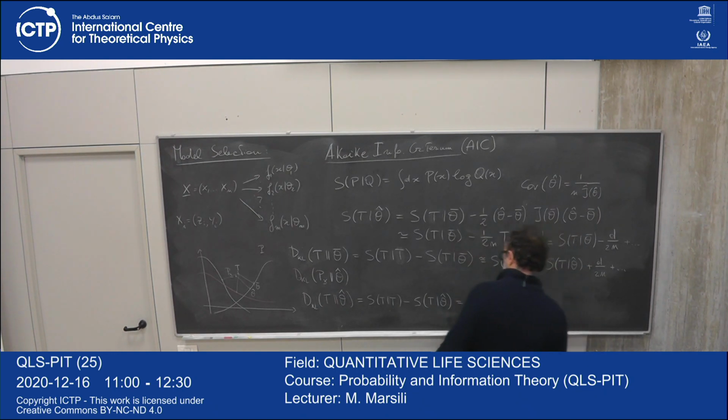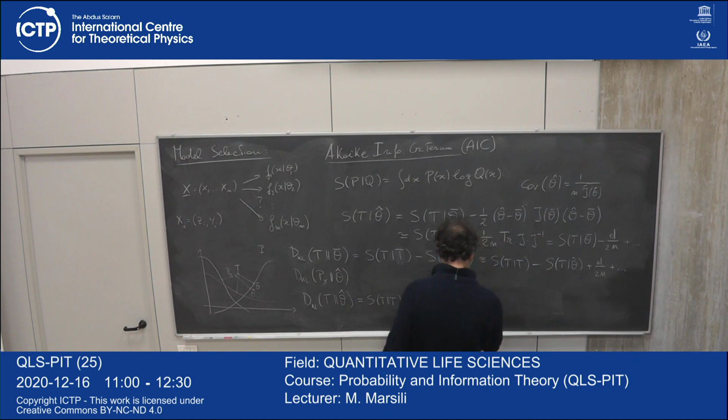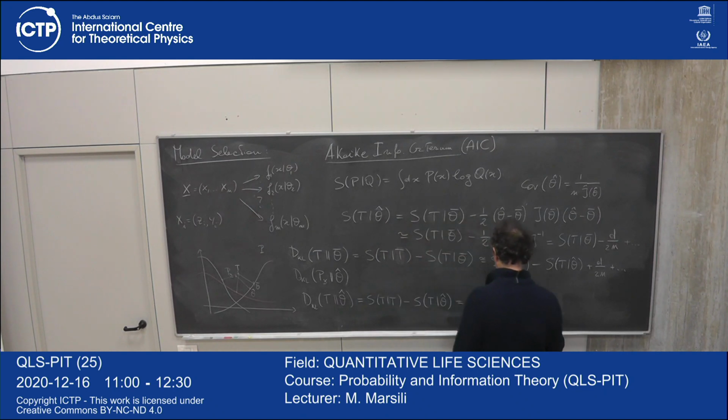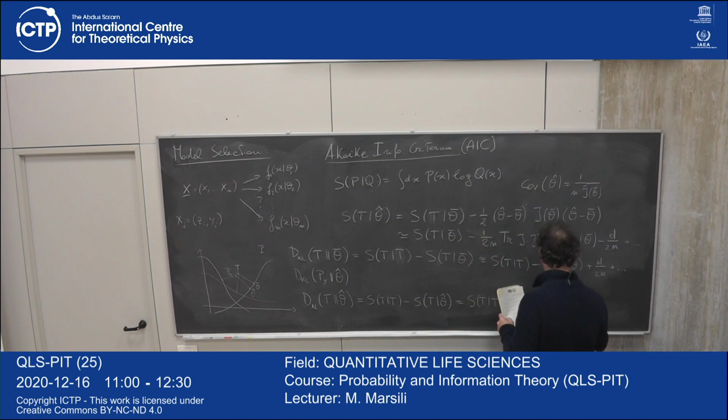So the first step is to substitute this by this formula here, minus S of t and theta hat plus d over 2n.